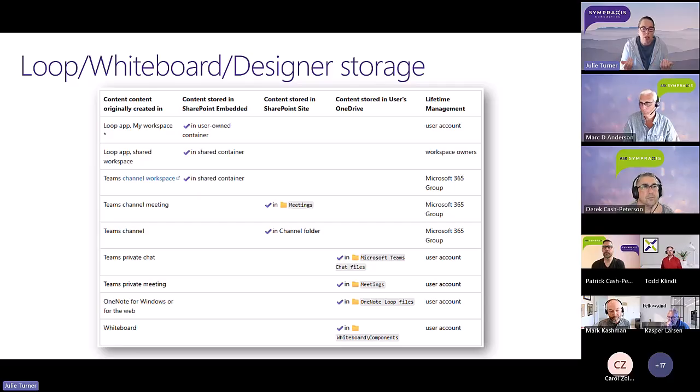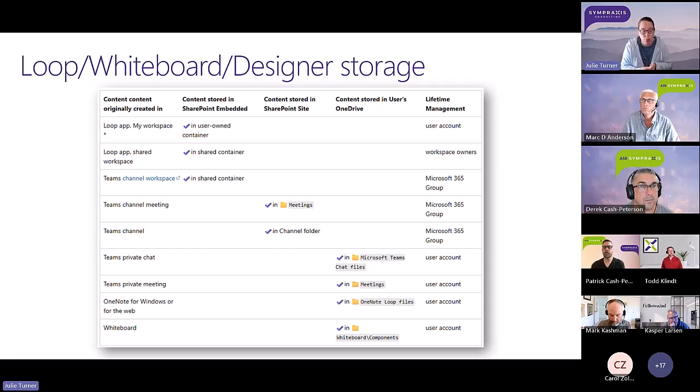The storage of that, when you're building them for yourself, is based on consumption. So instead of being user license storage, it's consumption-based storage. Any SharePoint embedded container that you create as an organization, you're paying separately for that storage.